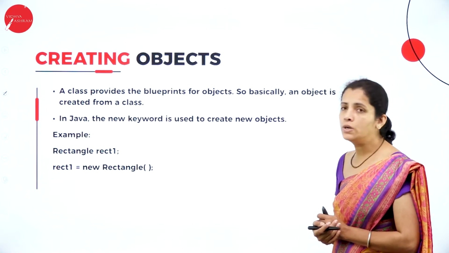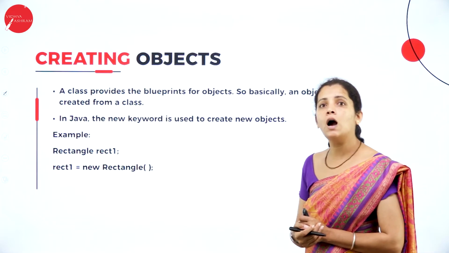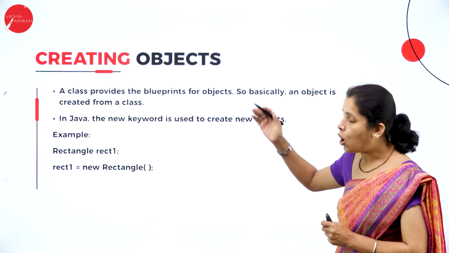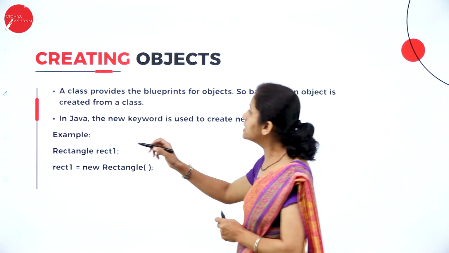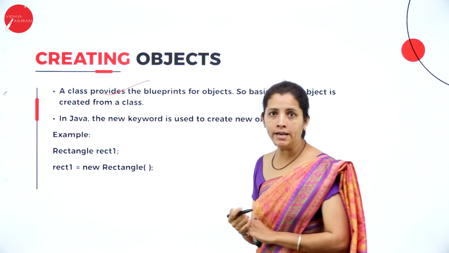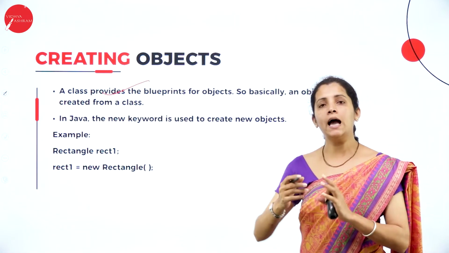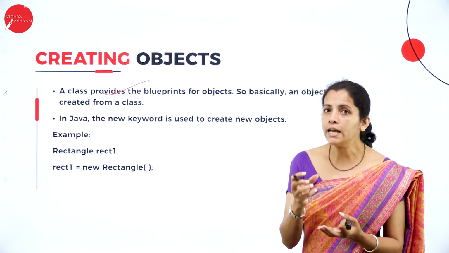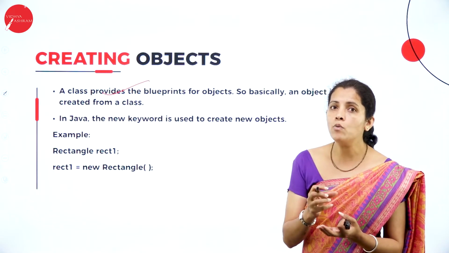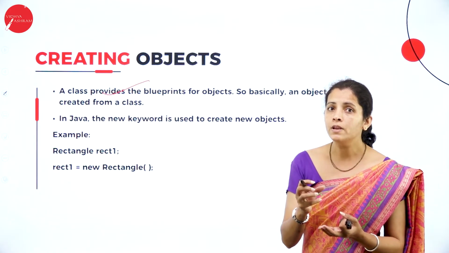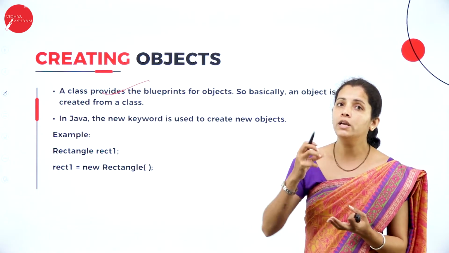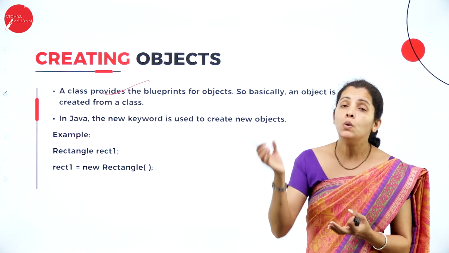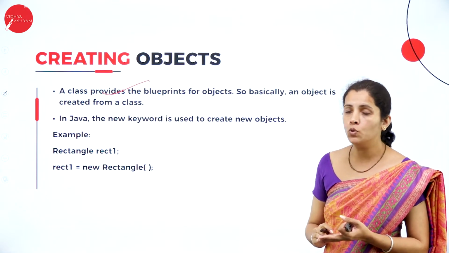Now, dear student, let me discuss how to create an object. A class provides the blueprint or template. That means I have designed a class. So I have the blueprint, I have the template, but now I want to initialize the object and invoke the method which is present in my blueprint.